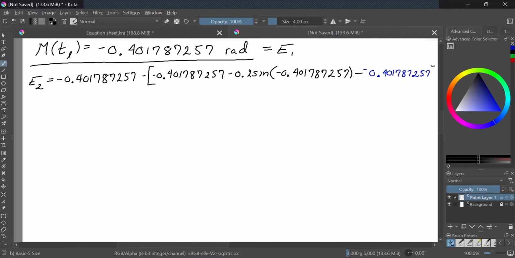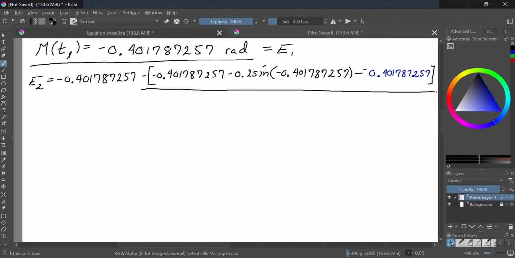And I did that in a different color because M is not E, but our starting E was M. This is where I kept tripping up every time I was running through the practice problems for this episode. I kept wanting to change my M along with my E's. Don't do that. And I got rid of that. Didn't mean to. All right.